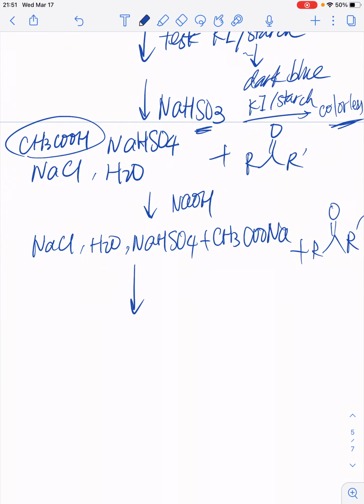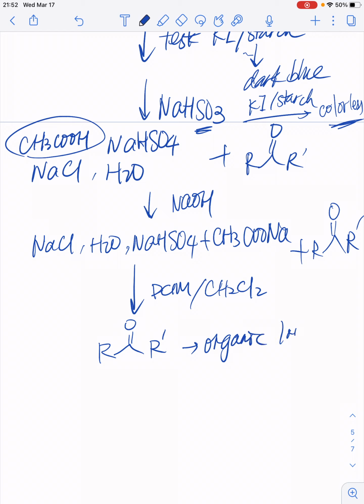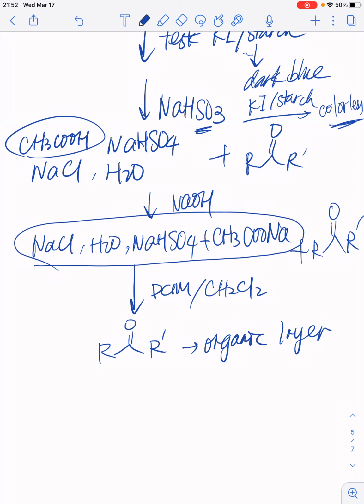And last but not the least, we use DCM or dichloromethane. They're the same thing. It's an organic solvent to extract the desired product into the organic layer. All the ones I circled are very good ionic compounds that will dissolve in water rather than going into the organic layer, right?